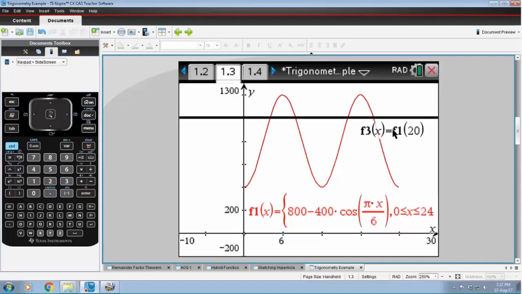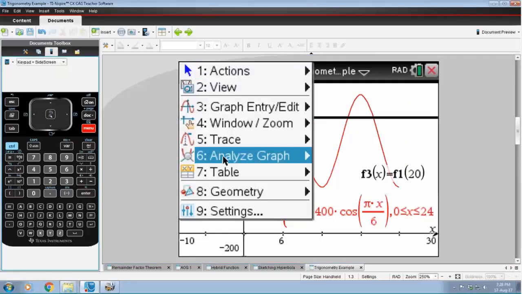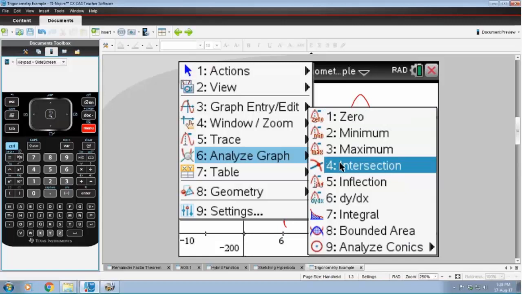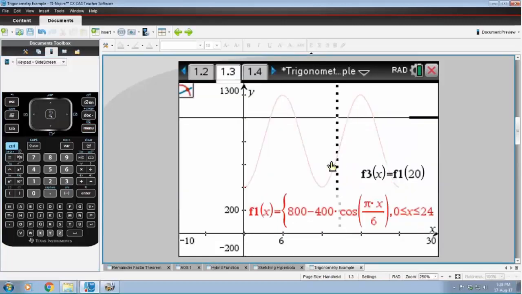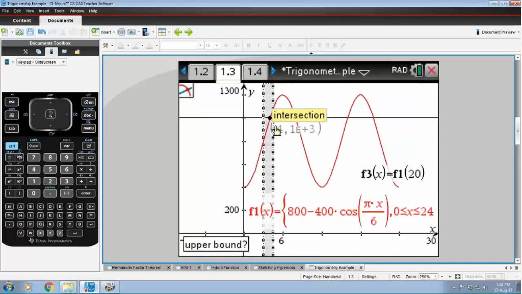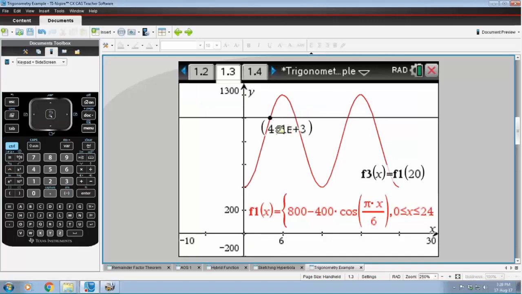And now we want to solve when they're equal. Let's move that out of the way. So I want to find the fraction of the time for when they're equal. So if we go Menu, Analyze Graph, find the point of intersection this time. Again, move your cursor to the left of the point of intersection. That's 4 and 1,000.